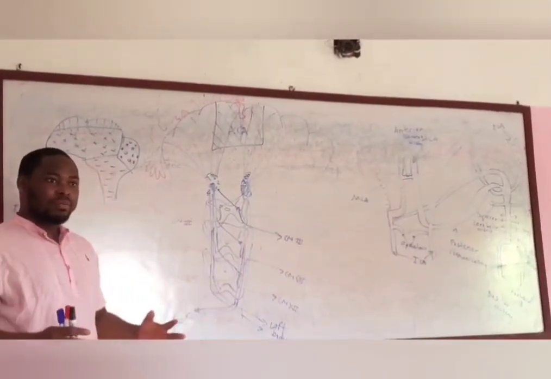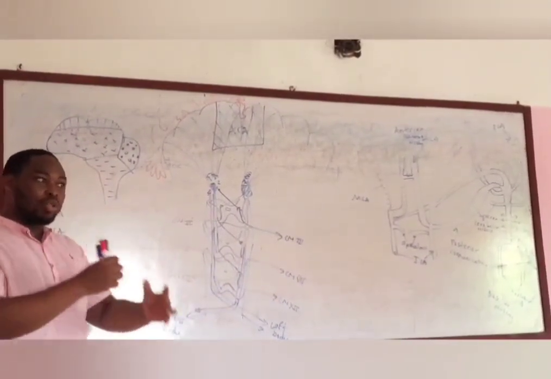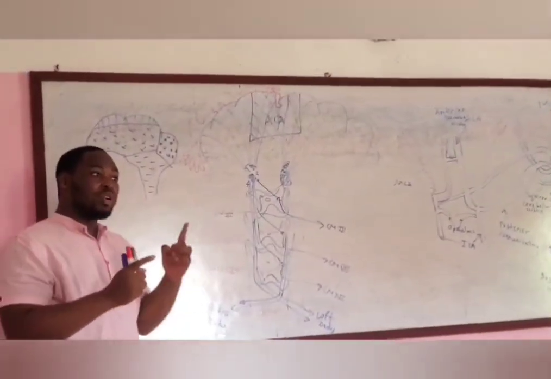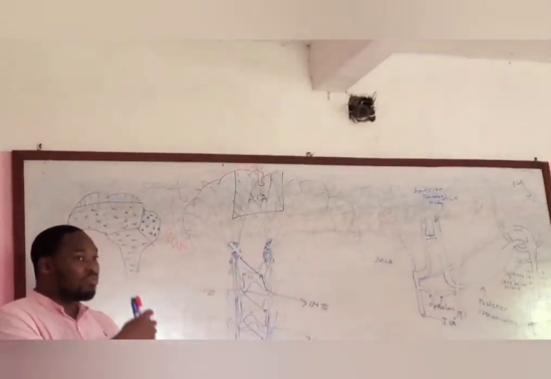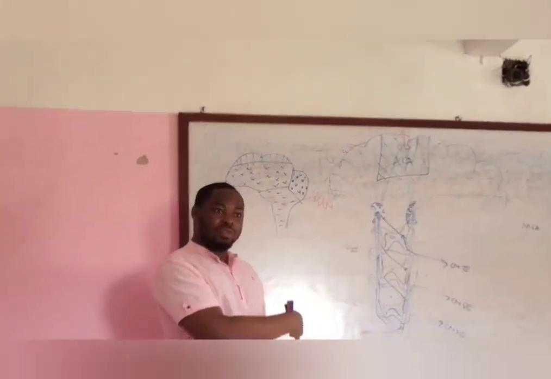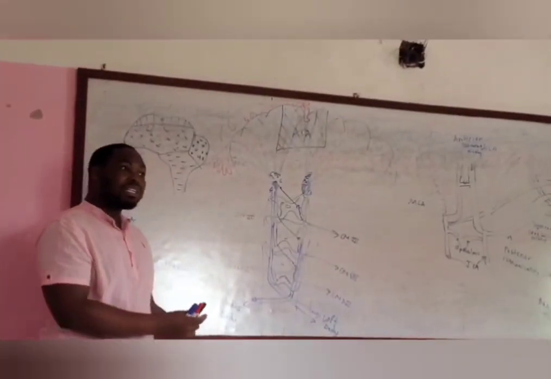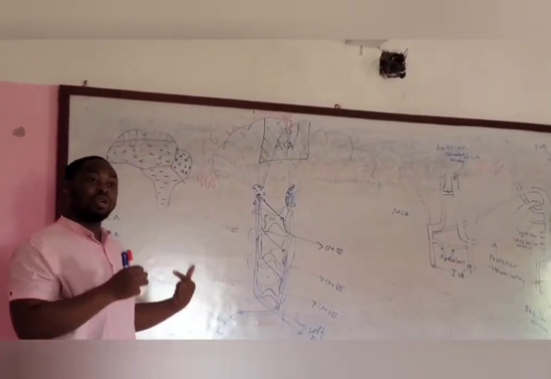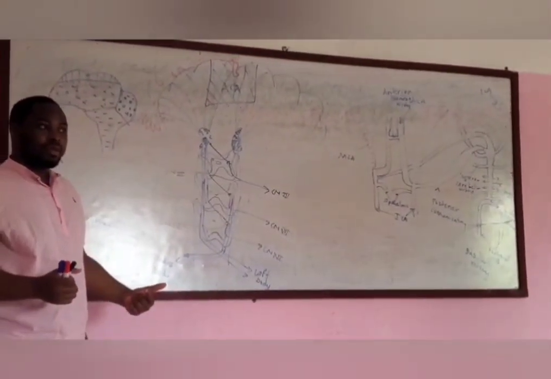It is the posterior horn. It is proportionate, because there is sensory loss in both upper and lower limb on the MRC classification. It means that it is the posterior horn, and the posterior horn is supplied by the posterior cerebral artery.